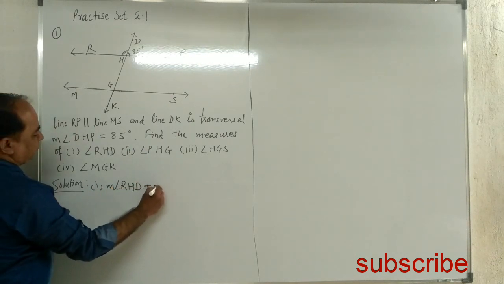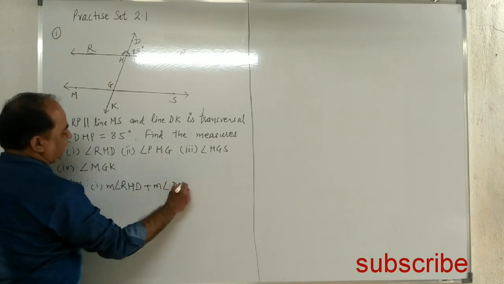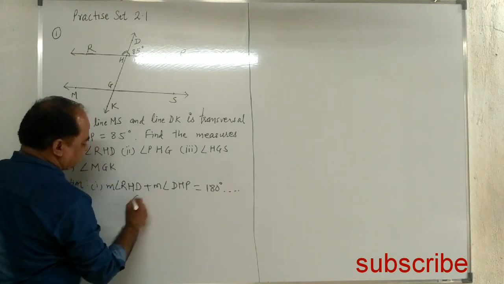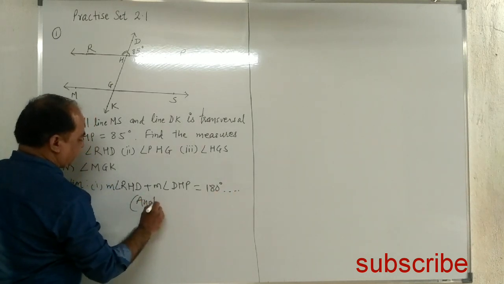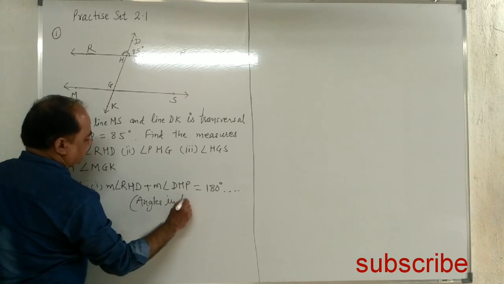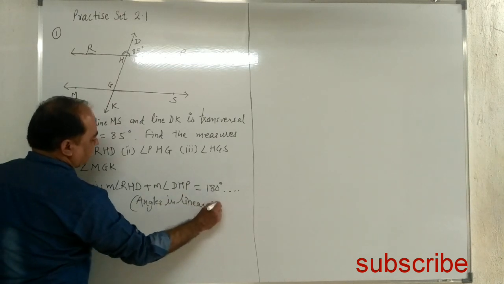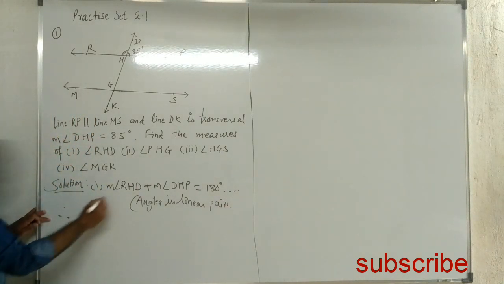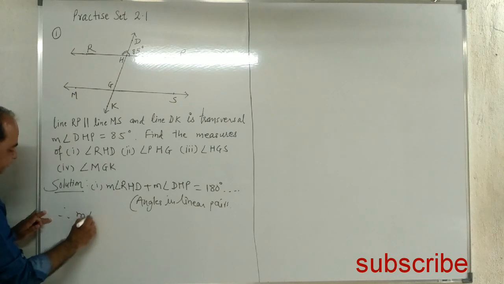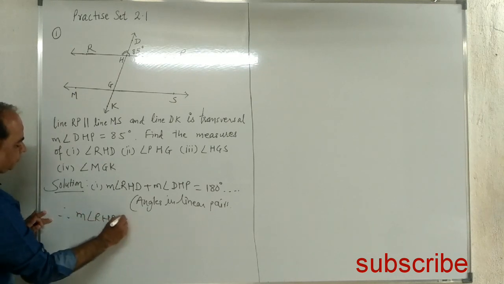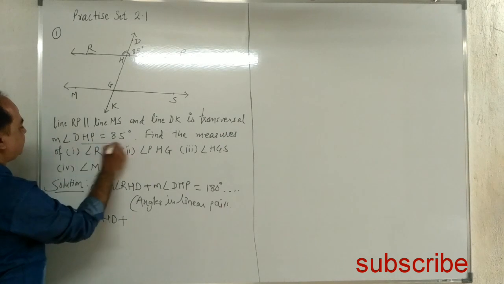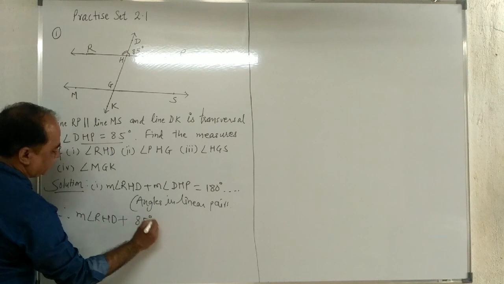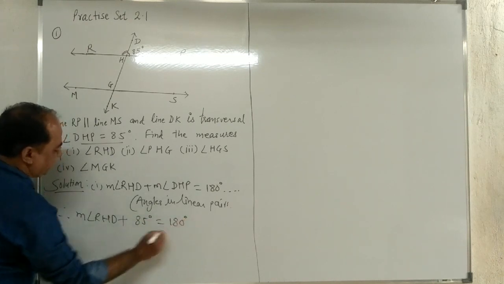Therefore, first, measure angle RHD plus measure angle DHP is equal to 180 degrees. Reason: angles in linear pair. The sum of the measures of angles in linear pair is 180 degrees. Therefore, measure angle RHD plus DHP, which is given as 85 degrees, is equal to 180 degrees.